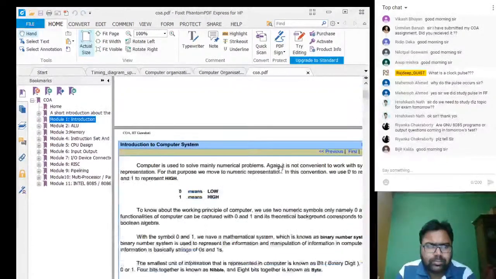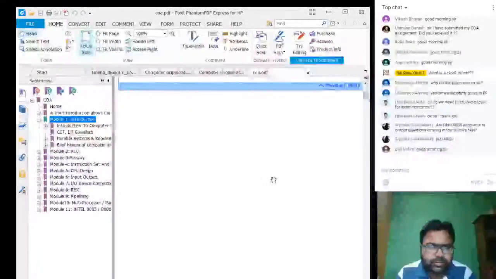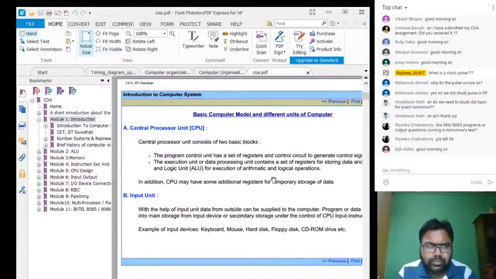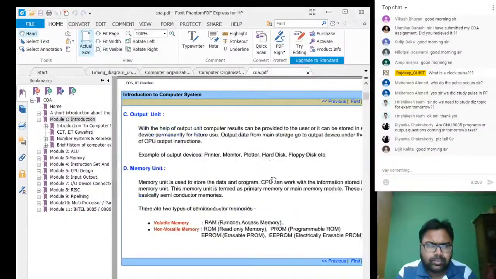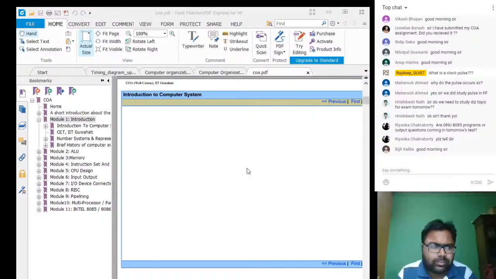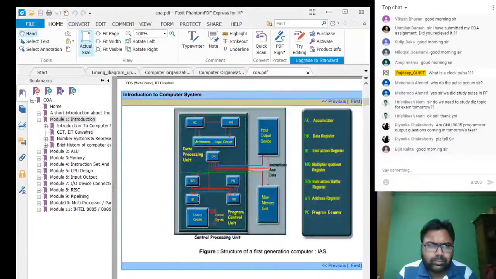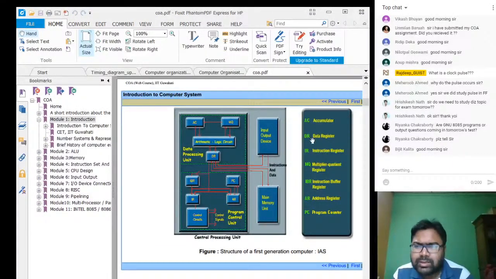Just a second. So something of this structure was there, right? We had seen this particular thing.